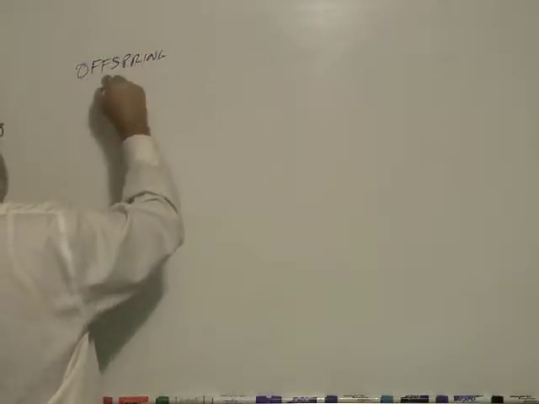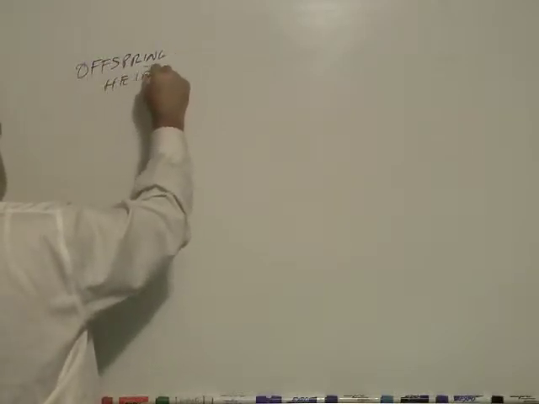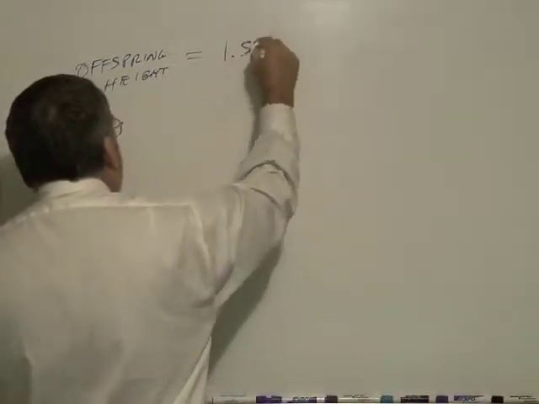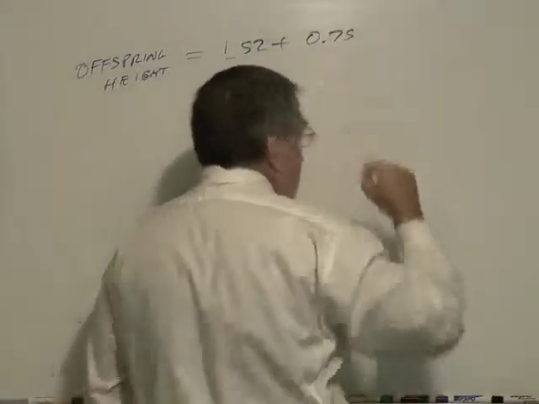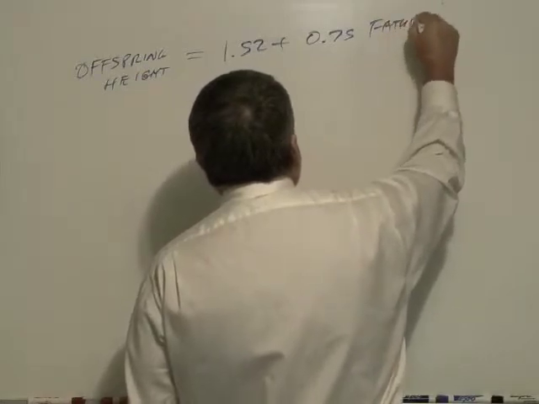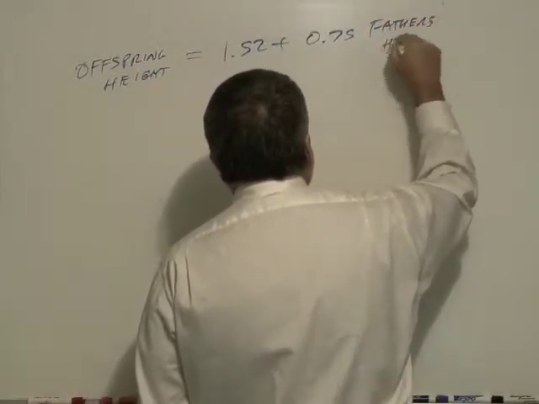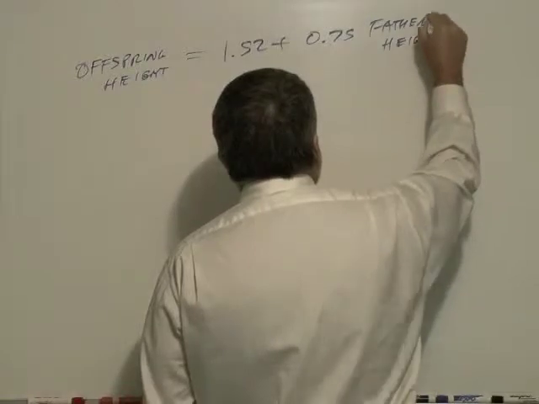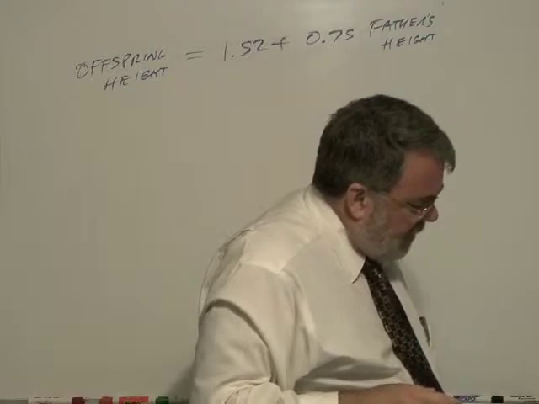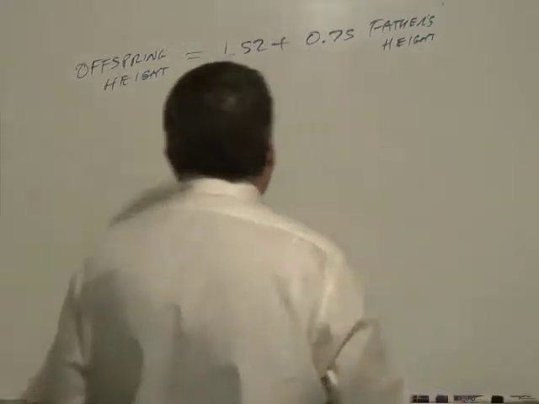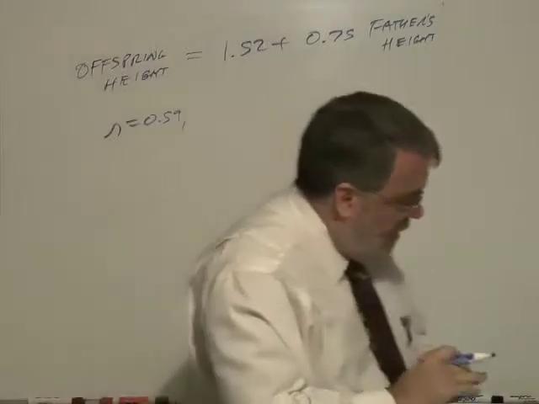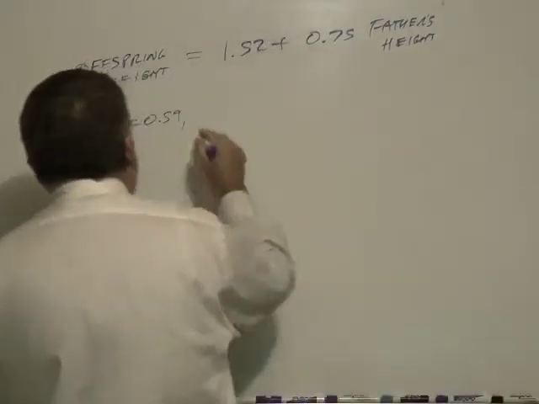Offspring height is equal to 1.52 plus 0.75 times the father's height. And then they have all this other stuff there. R equals 0.59. R squared is 0.34.